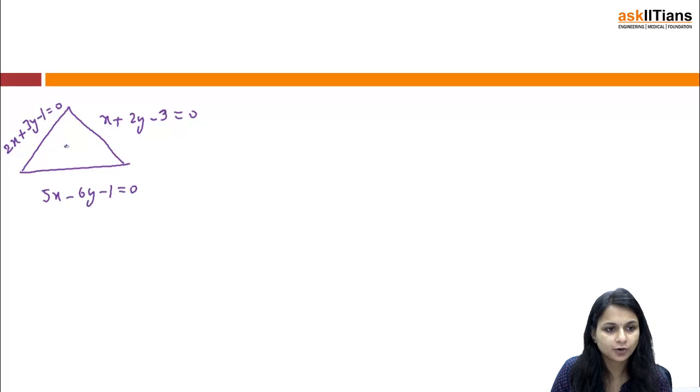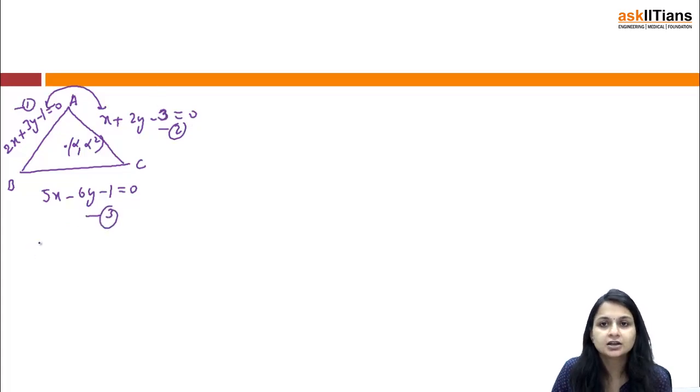And here we have the point (alpha, alpha square). Now we will apply the three concepts as discussed and check the conditions that it will be satisfying. So let us find the A vertex. Now for the A vertex, I will be solving these two equations. Let me consider these as first and second, and this as third.